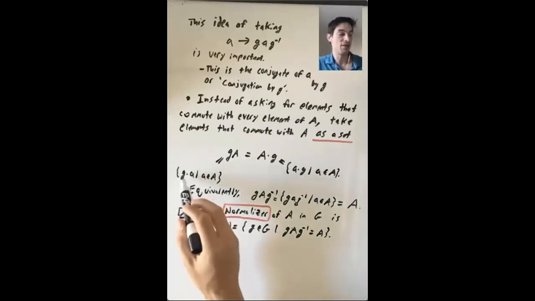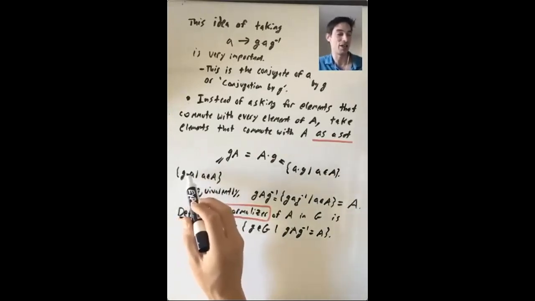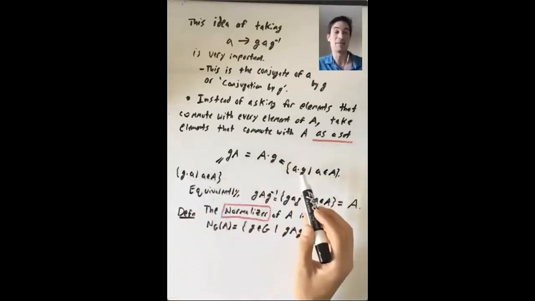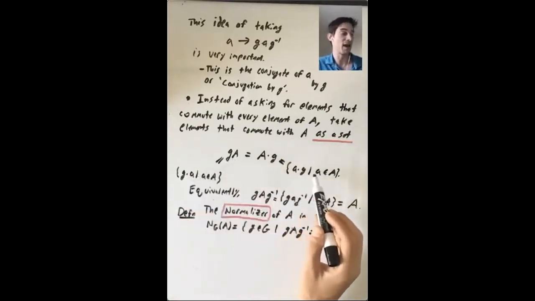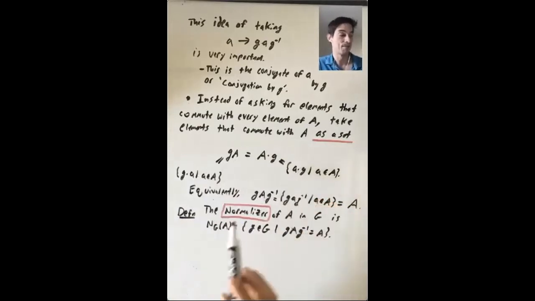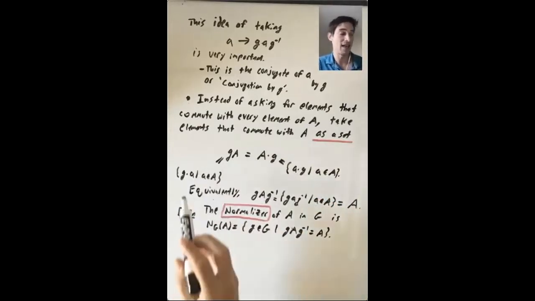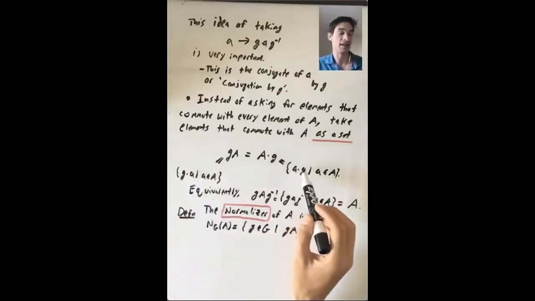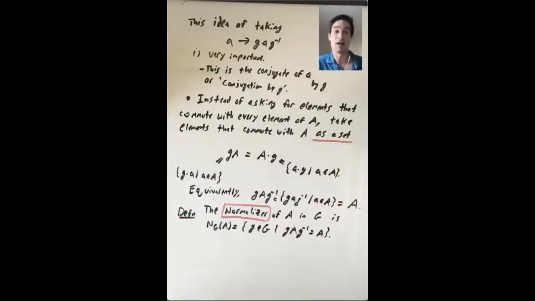So the set of things that you get by taking g and multiplying by elements of A on the right is the same as the set of elements that you get by taking little g and multiplying by elements of A on the left. I'm definitely not saying that g times little a has to be equal to little a times g for any particular elements a.